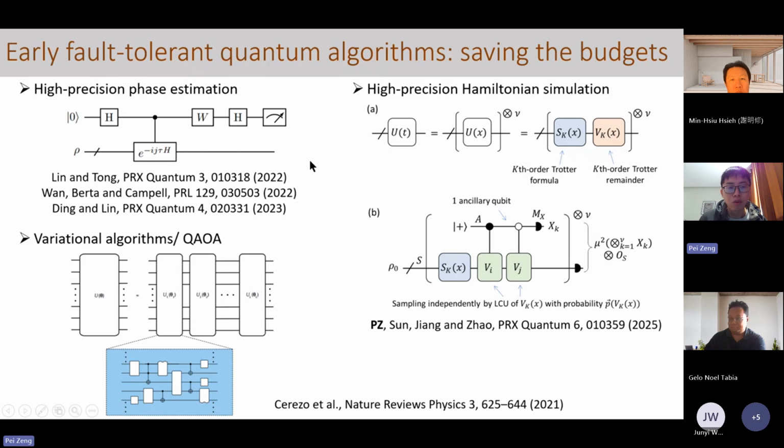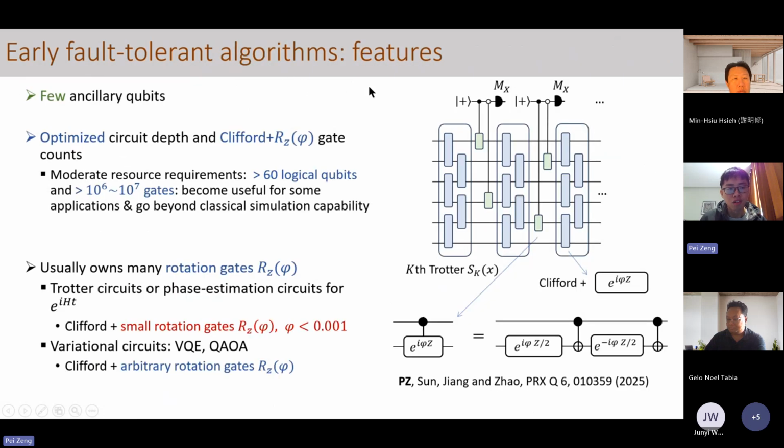The thing I want to emphasize is that all these early fault-tolerant quantum algorithms have similar architectures, based on Clifford plus Z-rotation gate design.